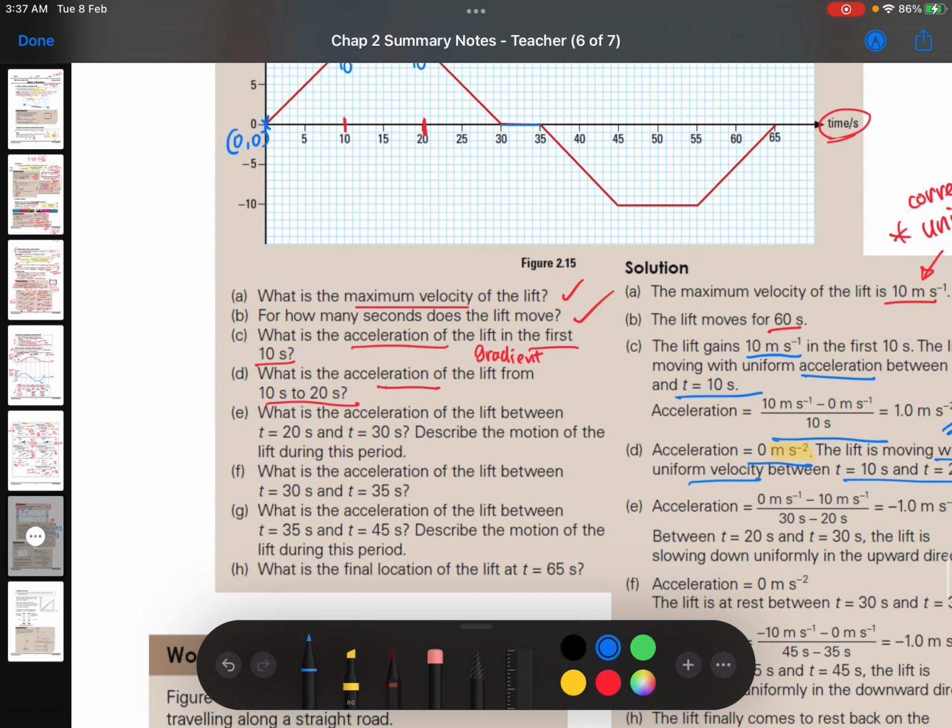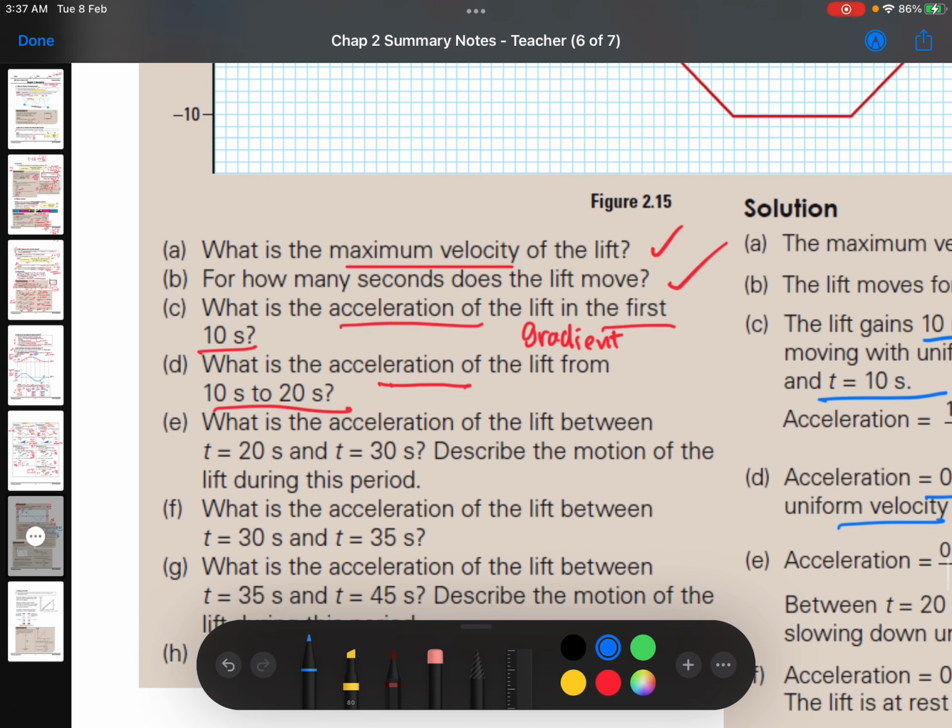Okay, now part E. What's the acceleration of the lift between t equals 20 to 30? Describe the motion of the lift during this period. Okay, motion, you need to interpret.